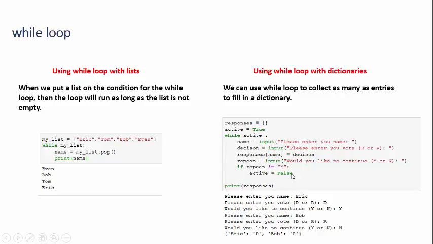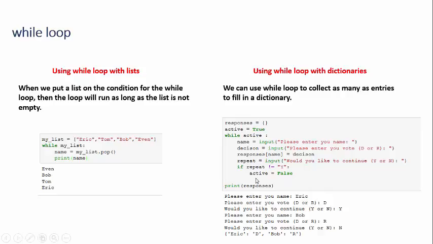If the user enters anything other than Y, including N or any other input, it's going to change the flag to false. Basically, it's going to exit the while loop. And this is one example of how you can fill in the dictionary elements using a while loop.